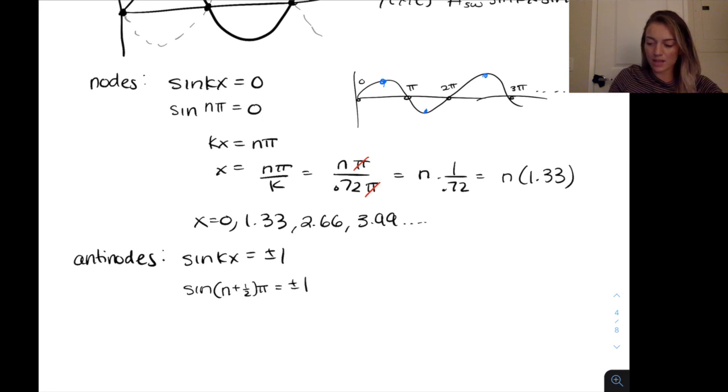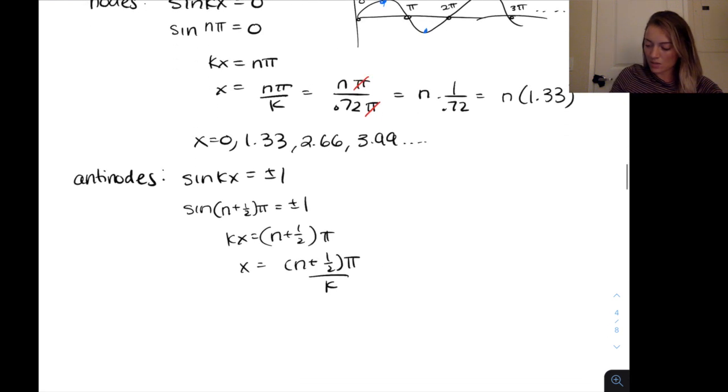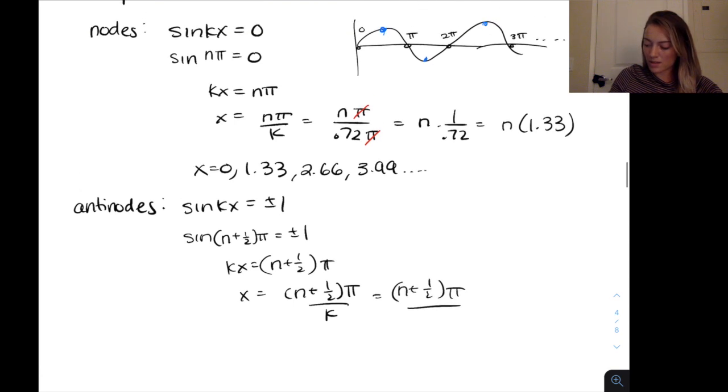So kx has to be equal to n plus 1/2 pi, and that will give us the location of every antinode. So then just solve for x again, and we get n plus 1/2 pi over k. K was 0.72 pi, so our pi's cancel. And we get left with n plus 1/2 times 1.33.